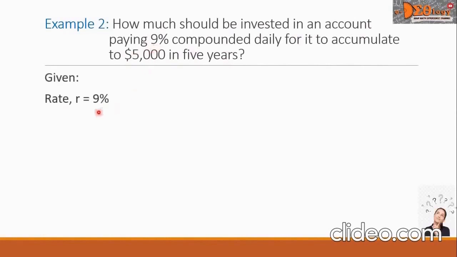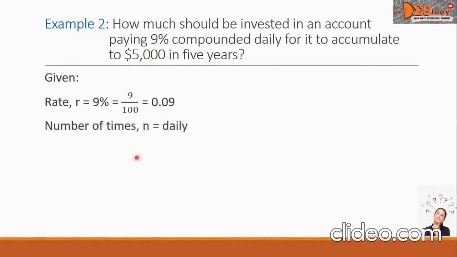Let us convert this 9% into decimal. Of course, that is 9 over 100, and this value equals 0.09. Next is the number of times the interest is compounded, and it is written here daily. It means the value of N is 365.